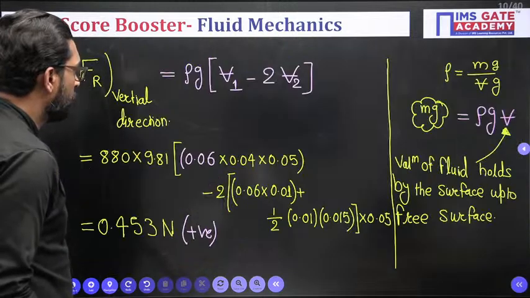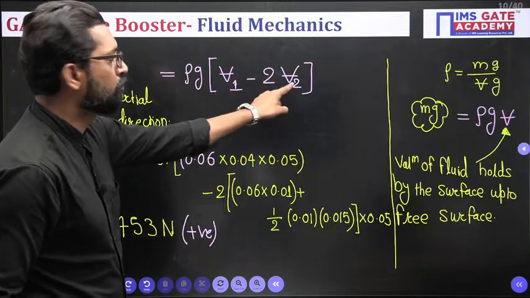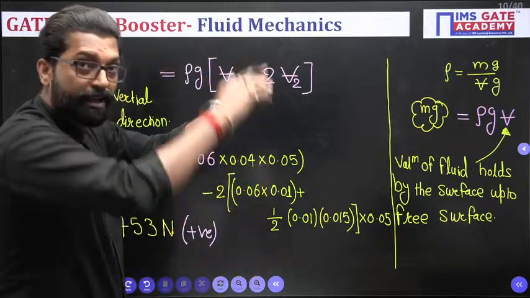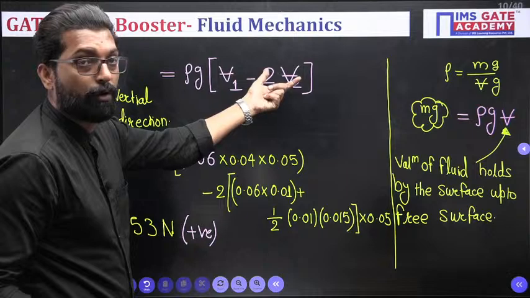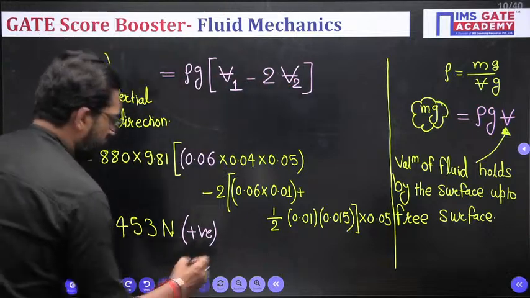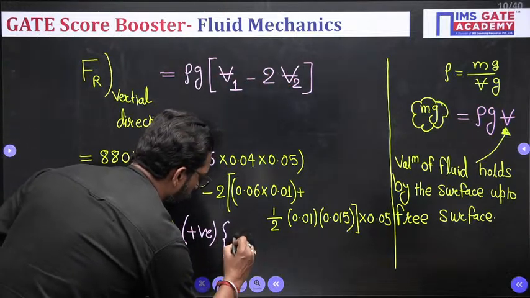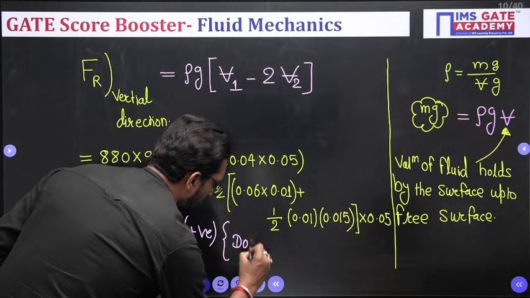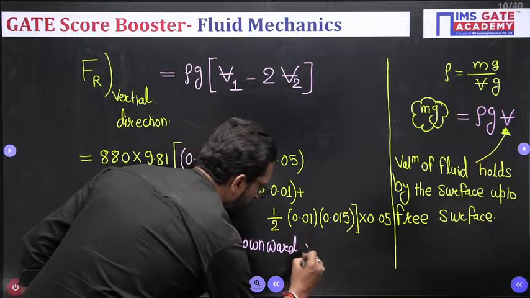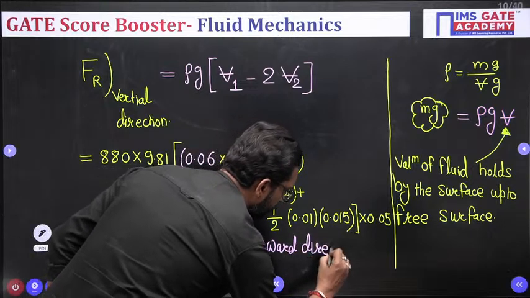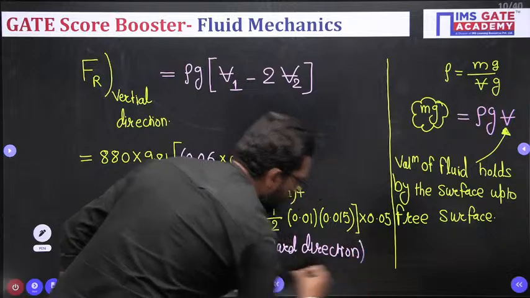If you take this V1 minus 2 of V2, that means the bigger volume is higher as compared to the lower volume, 2 into lower volume. So net it is in downward direction.